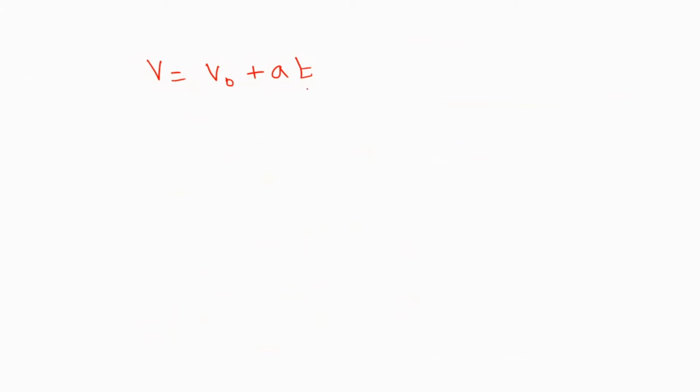So I'm going to reframe this equation in terms of initial velocity. So v0 is equal to v minus at. This plus at will go to the left hand side. By that this equation becomes v0 equal to final velocity v minus acceleration multiplied by t. So I'm going to take this equation as the first equation.